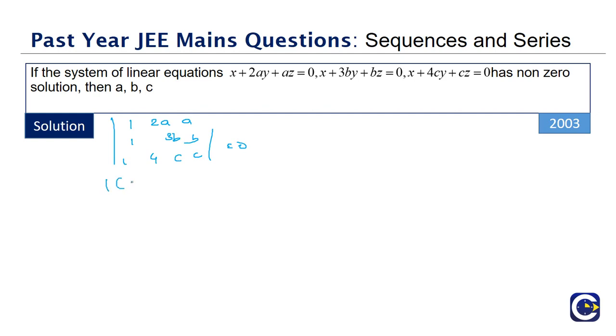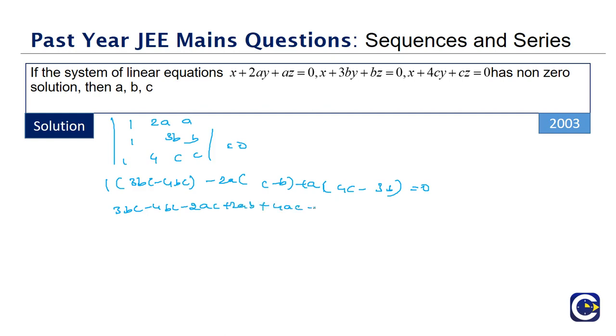So we know how to take a determinant: 3bc minus 4bc minus 2a into c minus b, plus a into 4c minus 3b is equal to 0. What you'll get? 3bc minus 4bc minus 2ac plus 2ab plus 4ac minus 3ab is equal to 0.